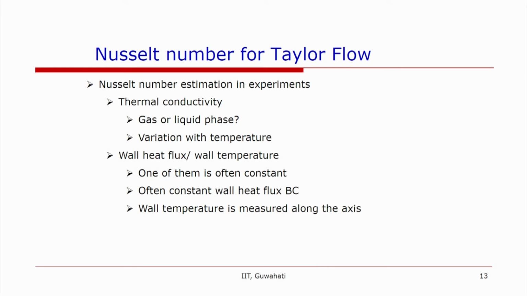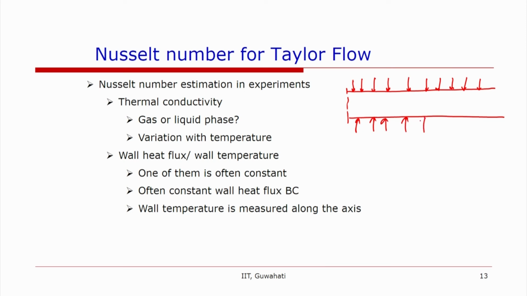Now, in the experiment, the Nusselt number estimation is done based on the axial length. So, if this is the channel, and the channel wall is being heated, and the total heat flux to this is, let us say, Q in.